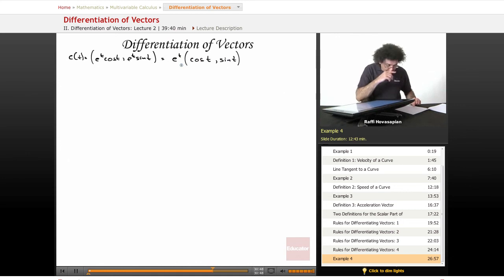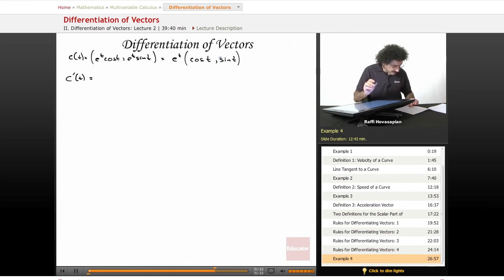Okay, now let's go ahead and take the c prime of t. Let's go ahead and take the derivative of this. So c prime of t, well, we said that it is going to equal this times the derivative of that plus that times the derivative of this, right? That was rule number 4. If I have a function times a vector, when I take the derivative of it, it's just a normal standard derivative: one times the derivative of the other plus the other times the derivative of the first.